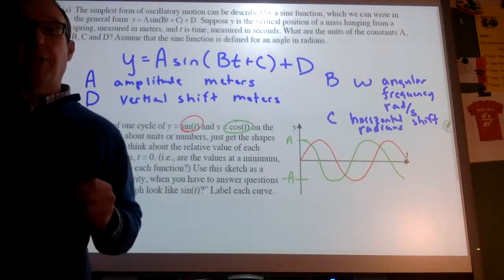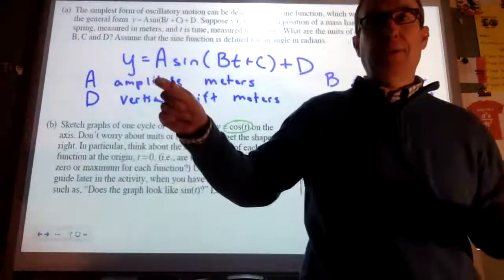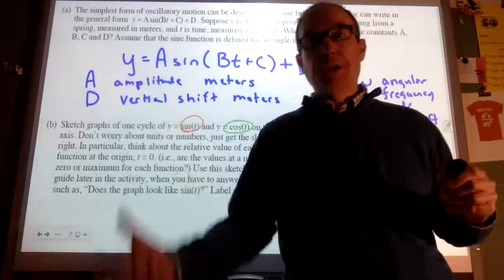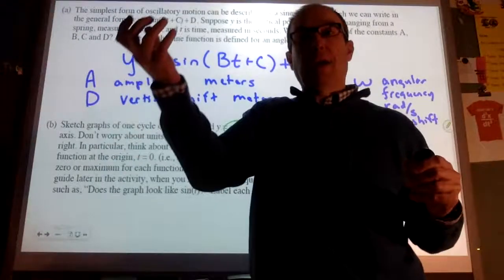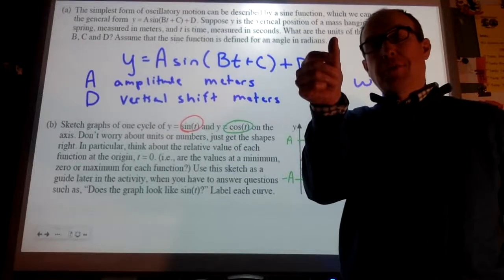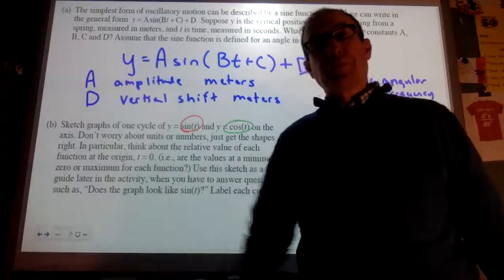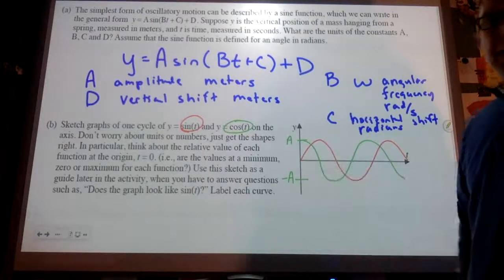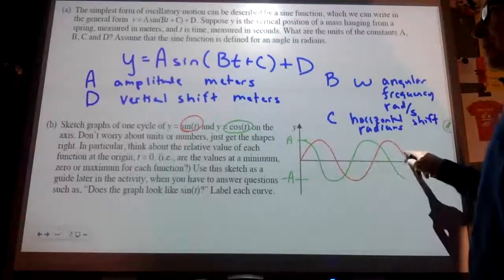So it's more likely you're going to pull a pendulum back and start the timer when you're holding it there at the amplitude, or pulling the spring down and start the timer there, or pushing the spring up. It's less likely that you would let the pendulum go and decide you're going to start timing when it goes past the bottom part, right, where it is at an amplitude of 0. That doesn't seem realistic.